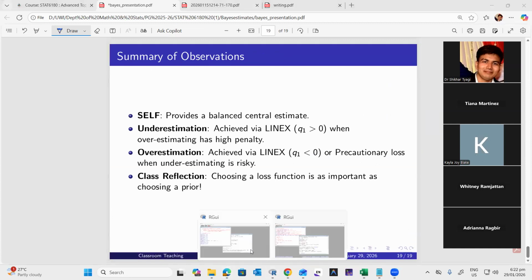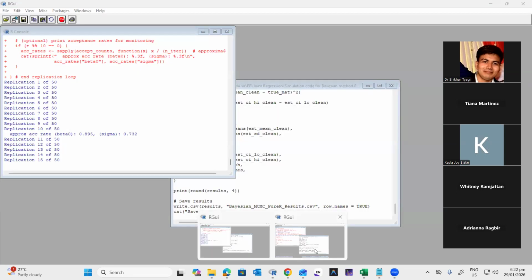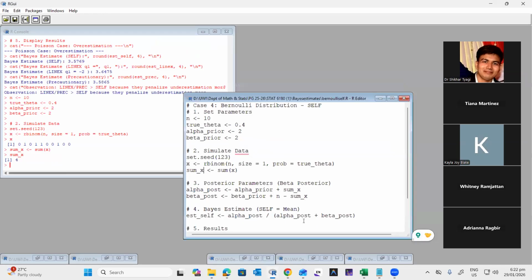The prior of the Bernoulli was, sorry, what was the estimate of the Bernoulli distribution under the self? So under the self, it was alpha dash divided by alpha dash plus beta dash. So right now, what was the alpha dash? Alpha dash was your alpha plus summation of xi.